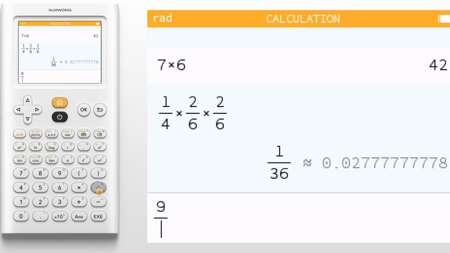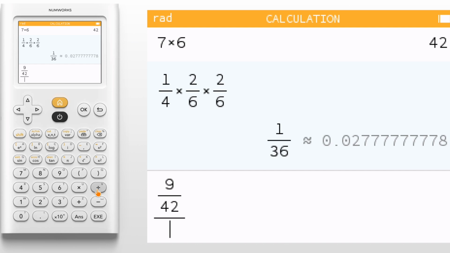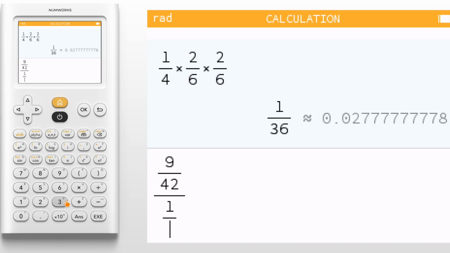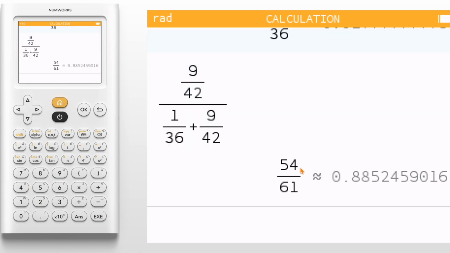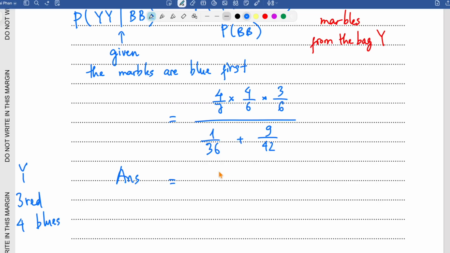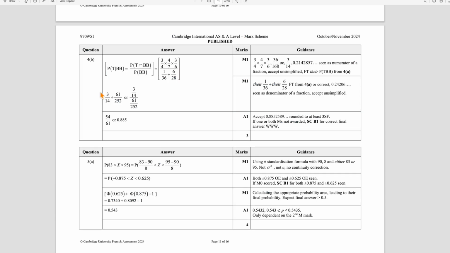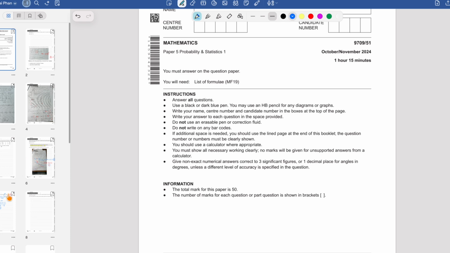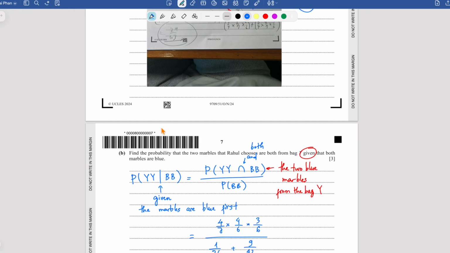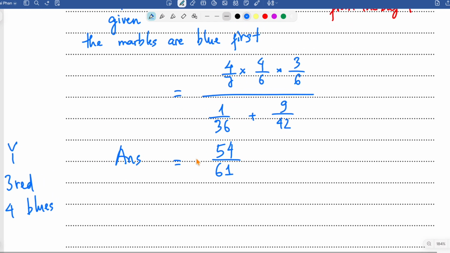The top is 9 over 42, and we divide by the bottom, which is the sum of 1 over 36 and 9 over 42, and we get the answer 54 over 61. Let me check the mark scheme: 54 over 61, which I wrote, correct. So this is the correct answer.